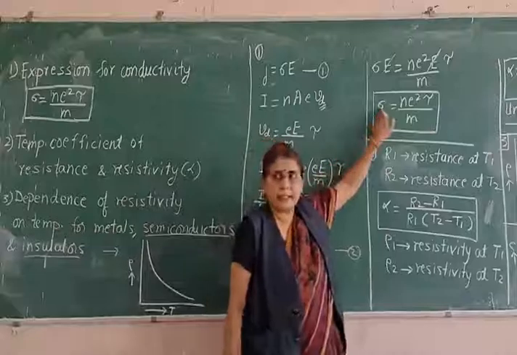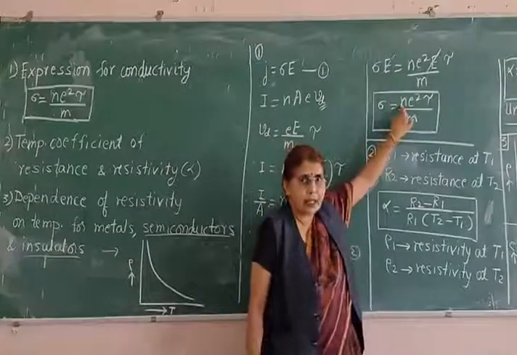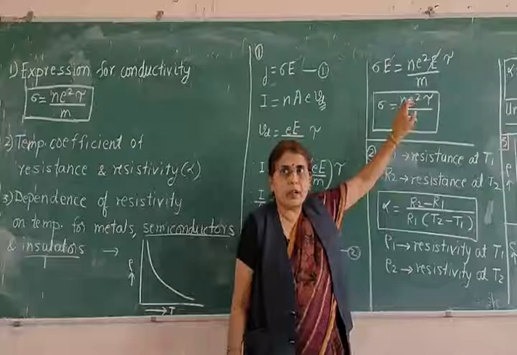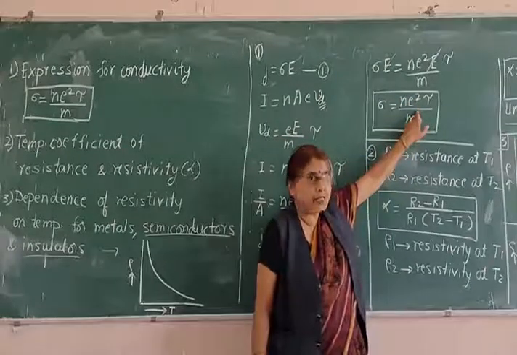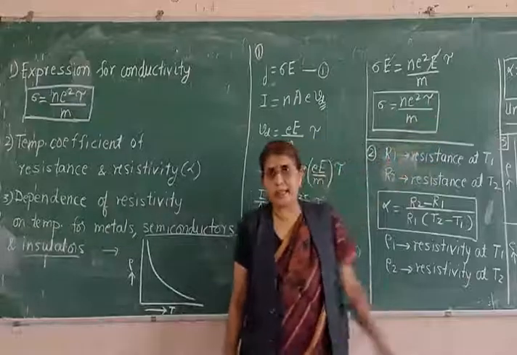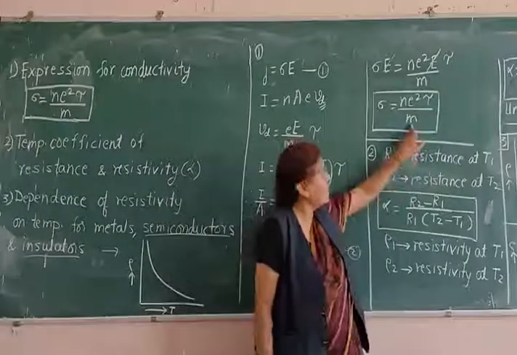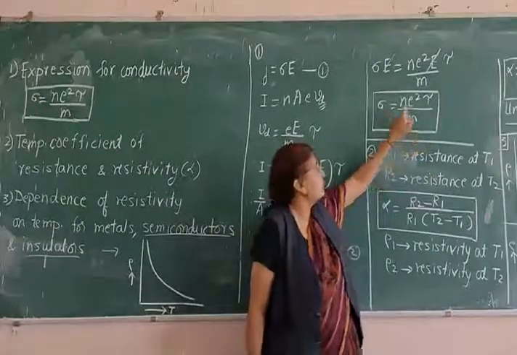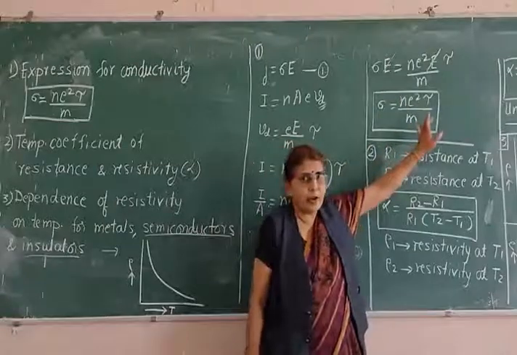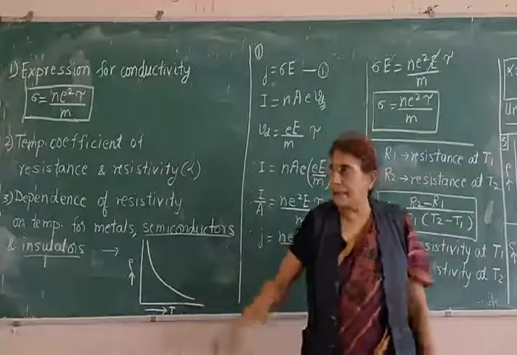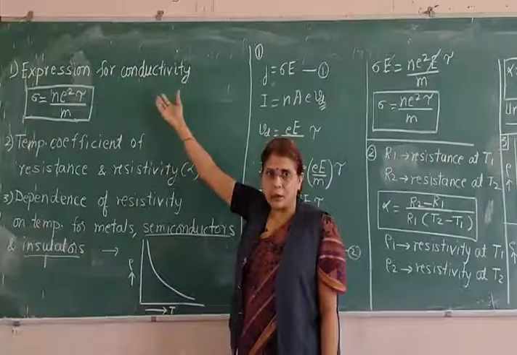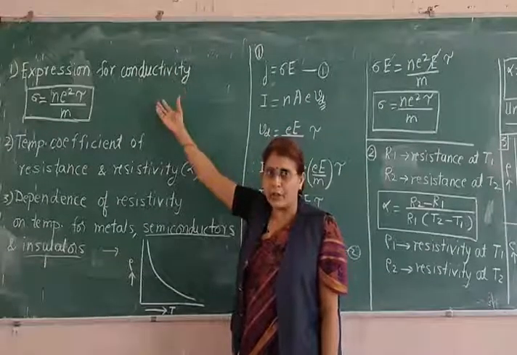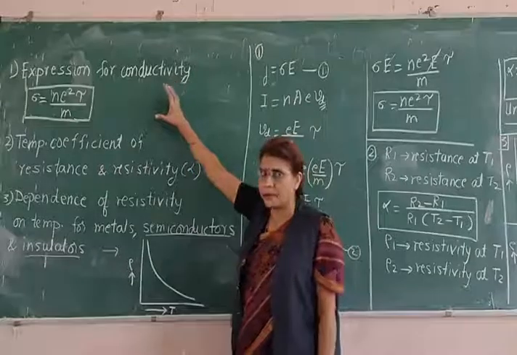Sigma is conductivity, n is electron density, that is the number of electrons per unit volume, e is the charge of the electron, tau is called the relaxation time and m is the mass of the electron. So mark this derivation as very important, either for 3 marks or it can also be asked as a full 5 marks question.